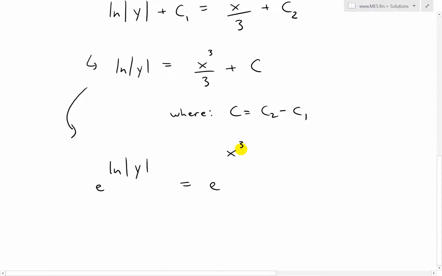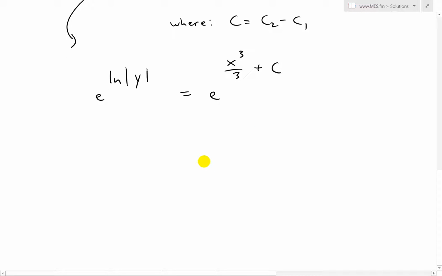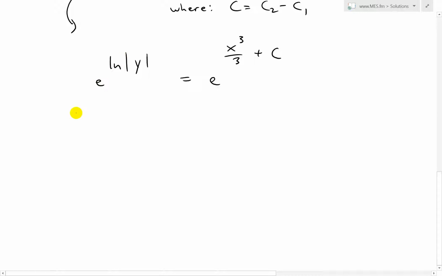And recall from my logarithmic properties video, e to the power of the natural log simply becomes the value inside the ln function, which is going to be absolute value of y.